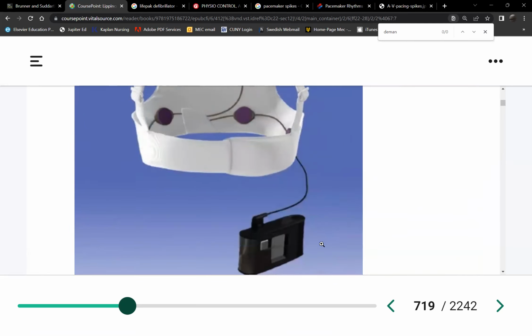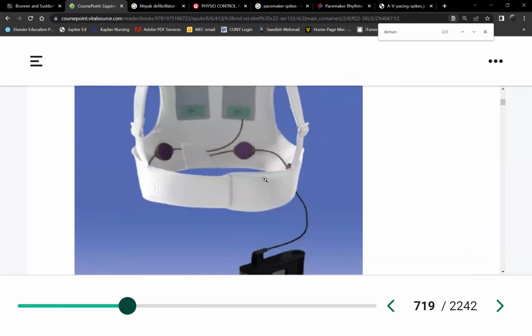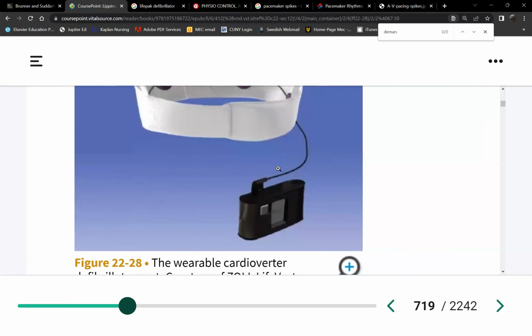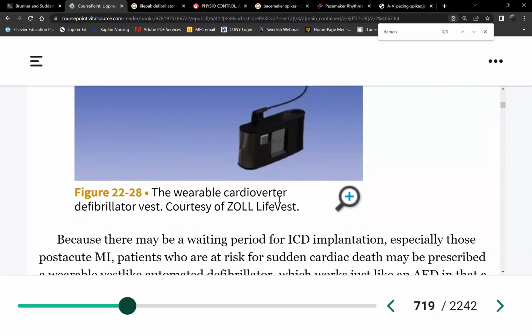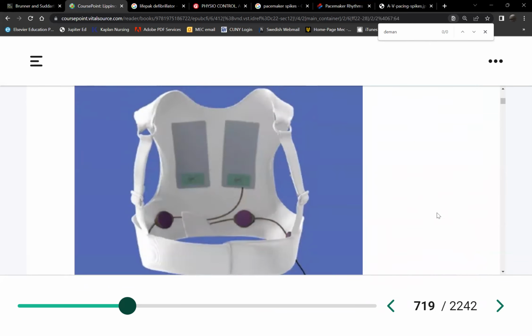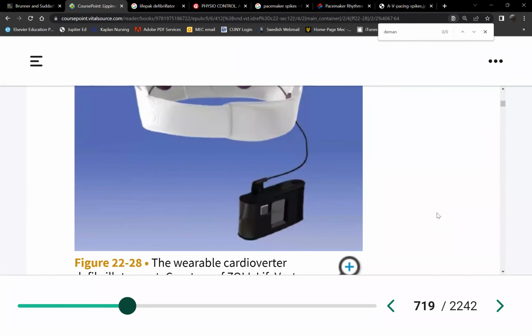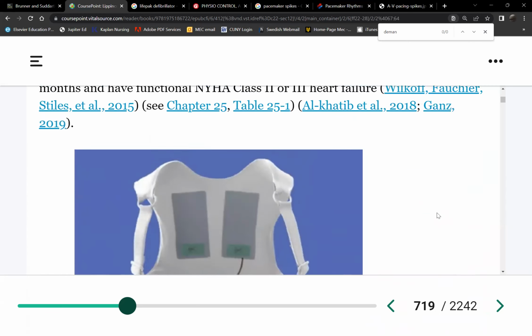There is a battery in it, which will be put in a sling because it's heavy and would otherwise drag the vest down. You recharge the battery whenever it dies or is low. This brand is Zoll LifeVest. I've never seen a different brand.